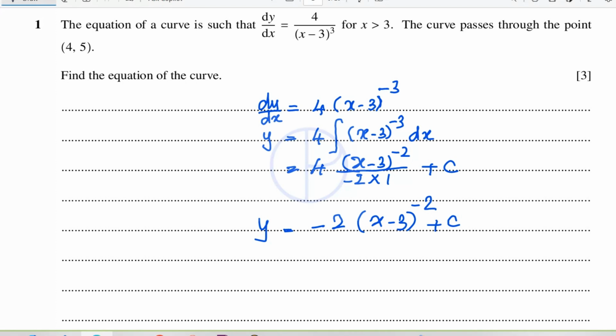Now substitute the point (4, 5), because the curve passes through the point (4, 5), so it will satisfy the equation. So 5 is equal to negative 2 times (4 minus 3) the whole power negative 2 plus c. So c is equal to 5 plus 2, which is equal to 7.